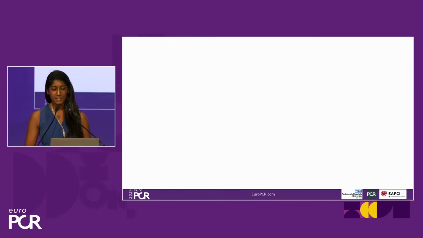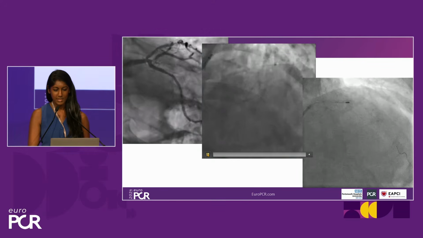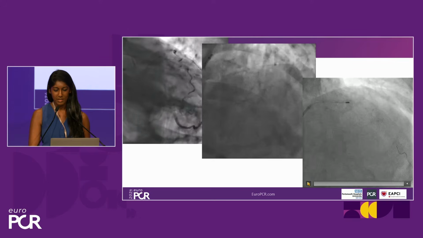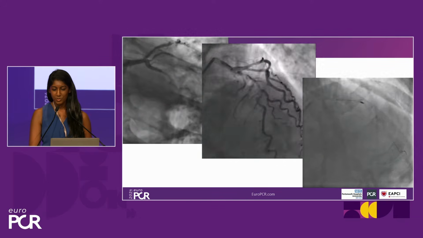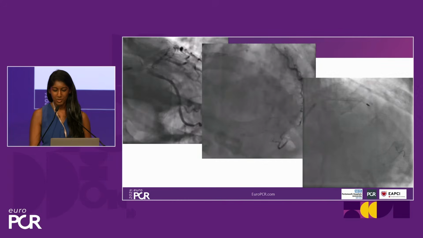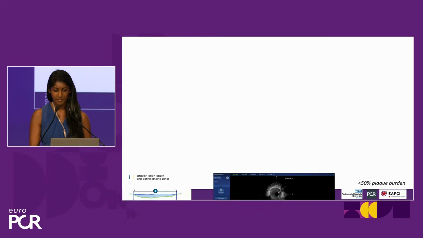So this is a case that I did in my unit. I'm going to have to click on them to get them to play. So this was a calcified LAD with disease extending to the left main. Ended up not able to cross, so took a 1.5 rotor, modified the vessel.